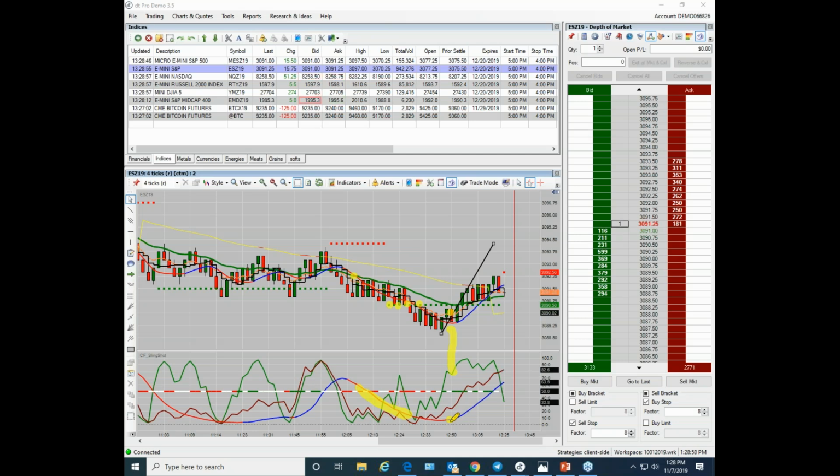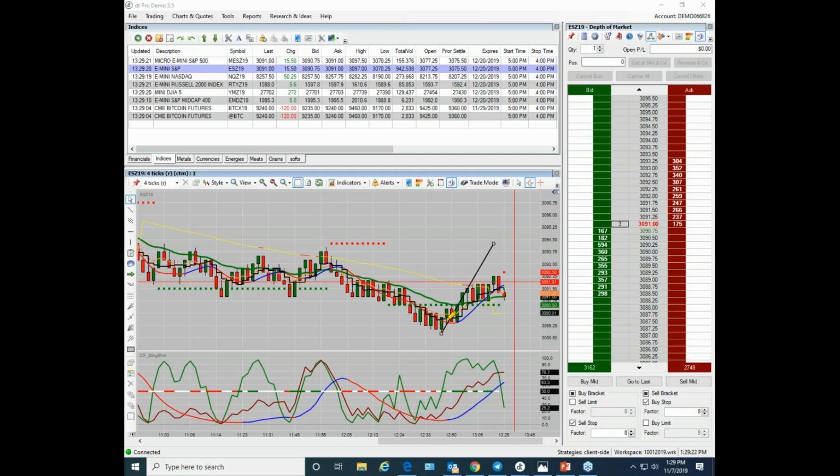Uh-oh, what does that mean? Number one, if the cycle turns color on you, the first thing that says to you is that it starts to water down the probability. Number two, the rules say you have to draw a trend line. The trend line has to come into play.